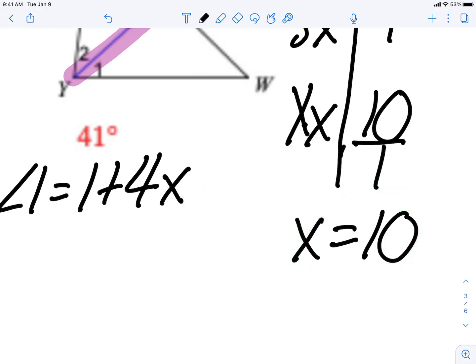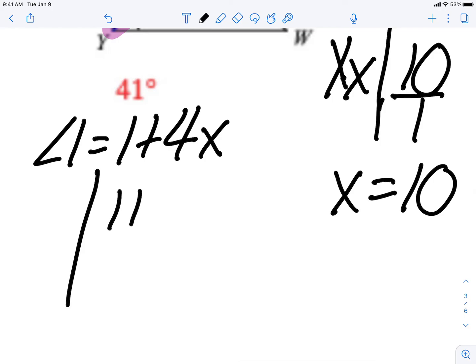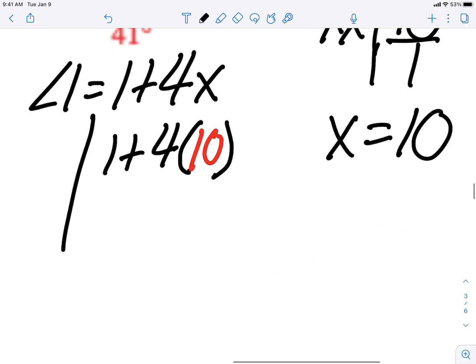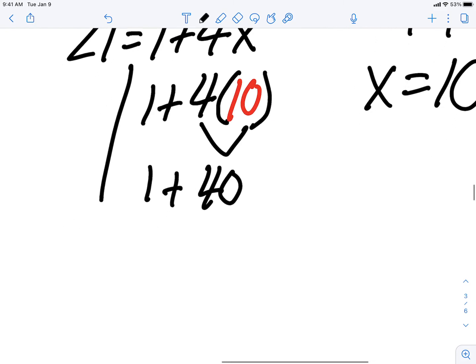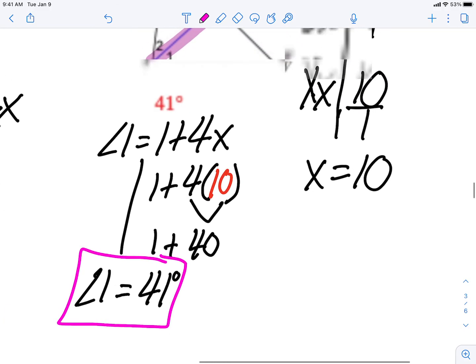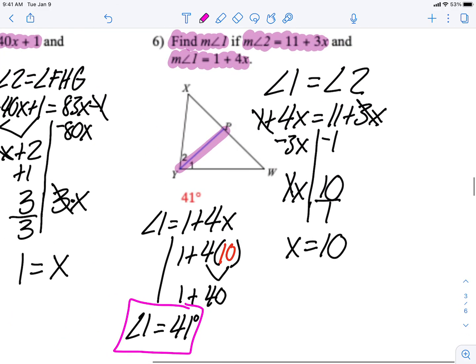So 1 plus 4 parentheses, and 10 is going to go in here, because x is equal to 10. 4 times 10 is 40, plus 1. I get angle 1 is equal to 41 degrees. And let's pick pink. There you go. Look at that. And that's number 6 right there.